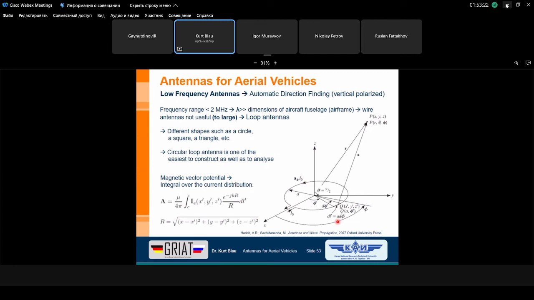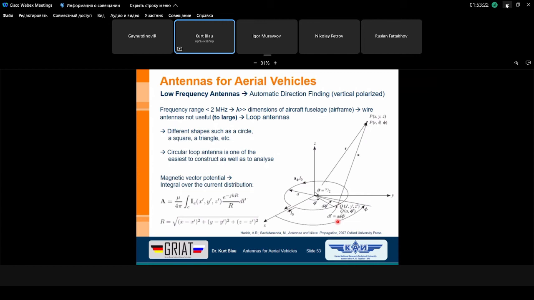And here is the observation point, the distance of the observation point from our current element, large R, to observation point P. These are the coordinates of the observation point, and you can see here that R is given by the difference between these two: the observation point, and this is the distance from the origin.